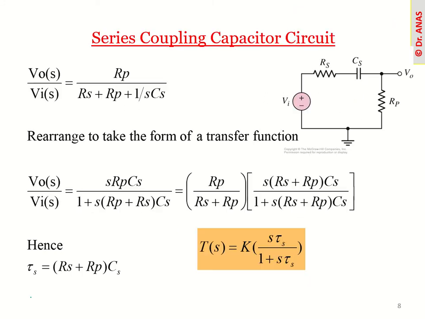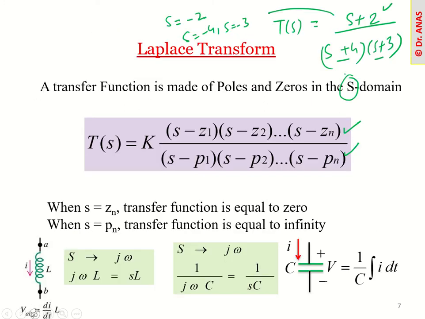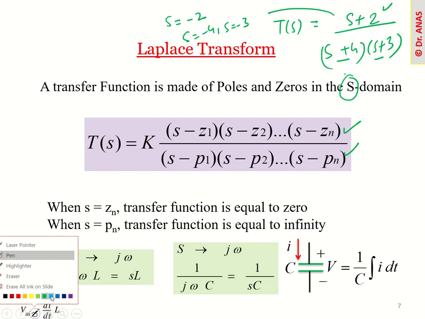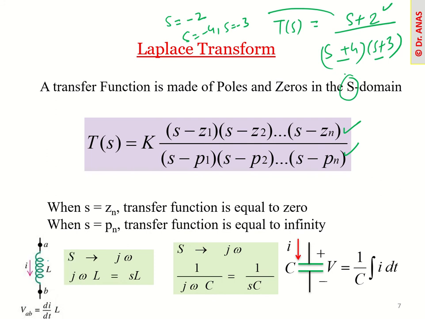Okay, and remember one thing before going to the examples: if we have an inductor, the voltage drop across the inductor is basically L di over dt, the derivative of the change in current. And in an earlier chapter we learned that a derivative in the time domain is multiplication with s in the frequency domain.